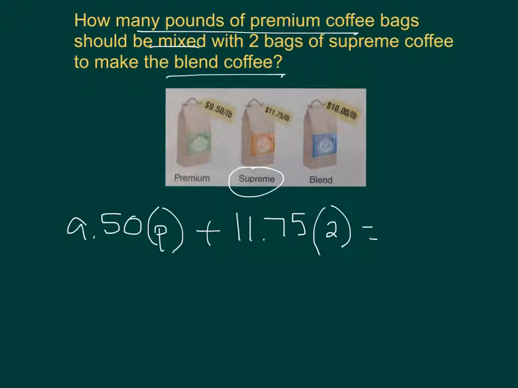Well, a blended coffee is a blend between the Supreme and the Premium. So that would mean that you would take the price of the blend and multiply it by how many bags you have of the Premium plus 2 of the Supreme. So now you begin to solve.